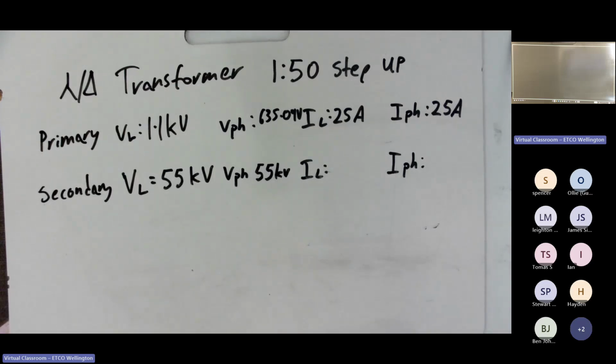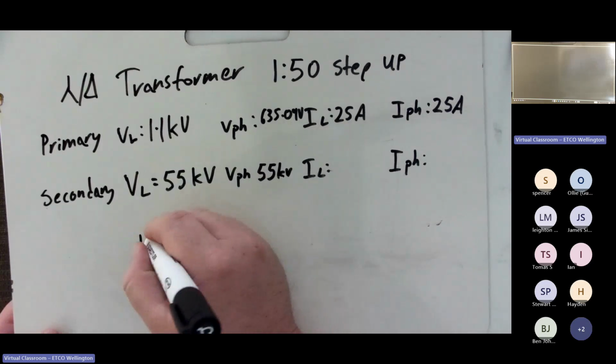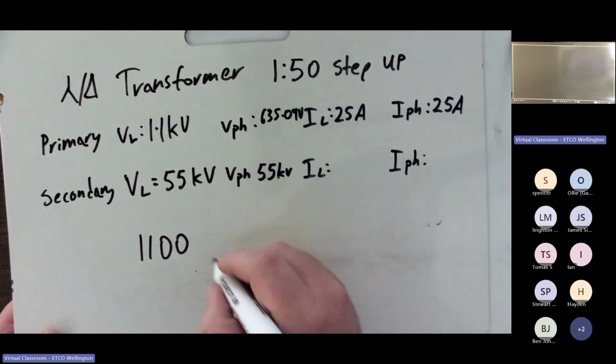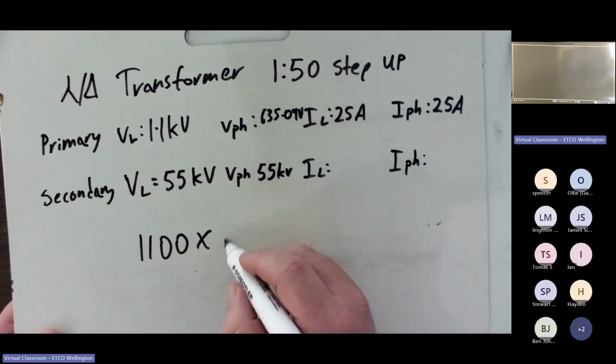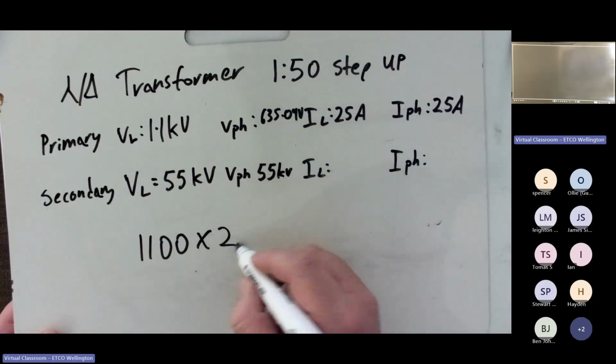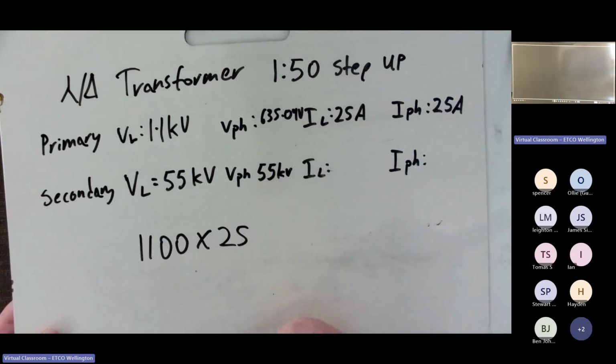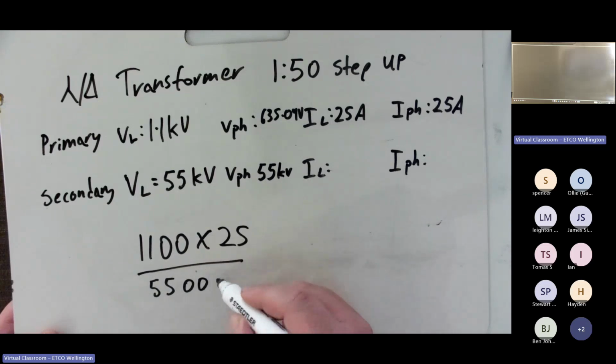There is another way to do this. I'll quickly give it to you. So you take 1100 multiplied by 25, which is our line current, divided by 55,000.